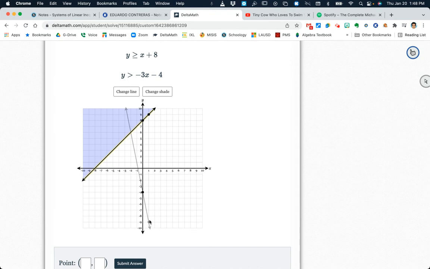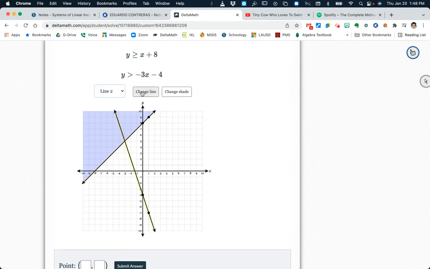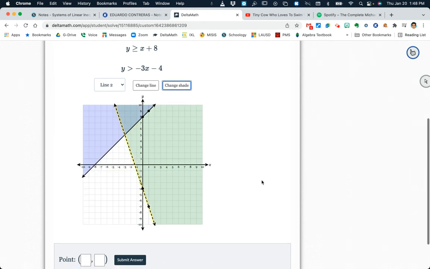Then it's asking me to do a slope of -3. So down 3 over 1. Do I want to change the line? Yes, I do. This time it's asking us to shade everything above, everything greater than. So it's here.